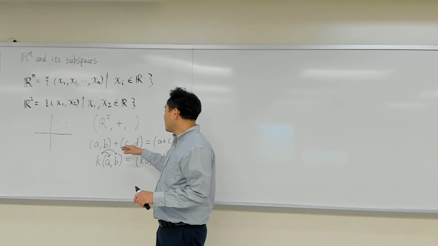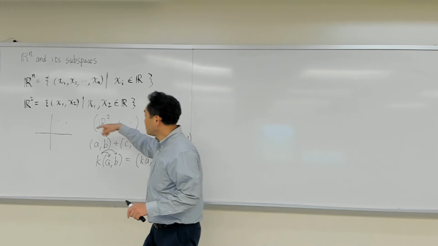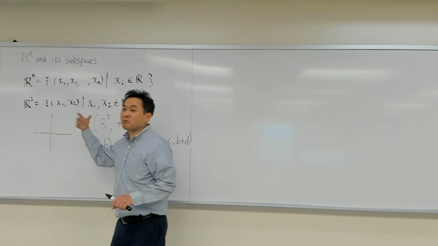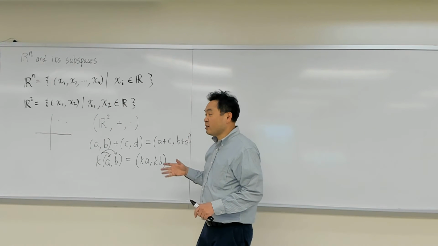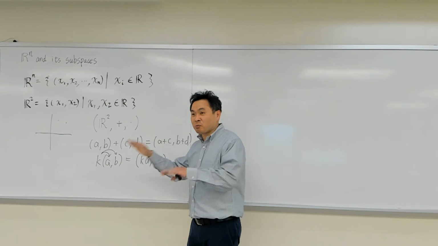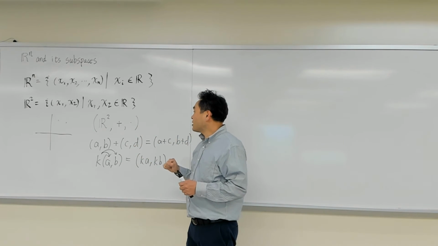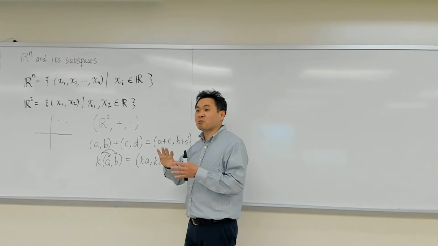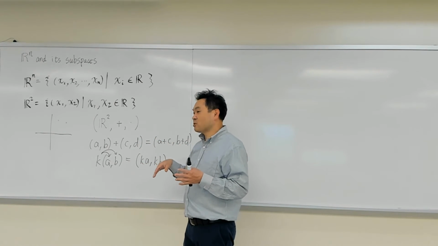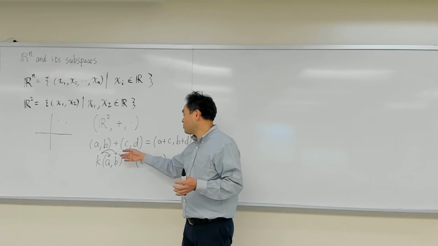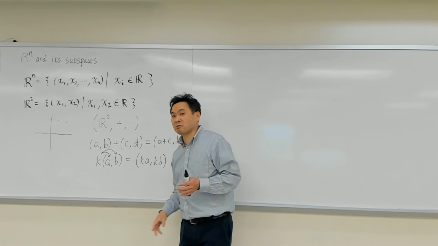Okay. All right. So these two operations make this R2 into something called a vector space, and when we move on to the actual beginning of this class, after the review is over, then I'll be talking about a much more general setting where you just have a set and you have this thing called addition, vector addition, and some scalar multiplication.